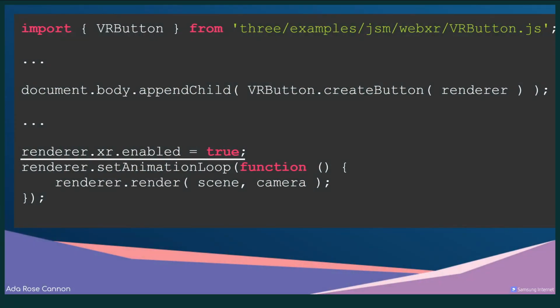This line, renderer.xr.enabled, is really important because it tells THREE.js that the graphics code needs to run on the discrete GPU. For example, my laptop has an integrated Intel GPU, and a discrete NVIDIA GPU, which is more powerful and can drive a VR headset. So by having this, it makes it use the more powerful graphics card, which may use more power.